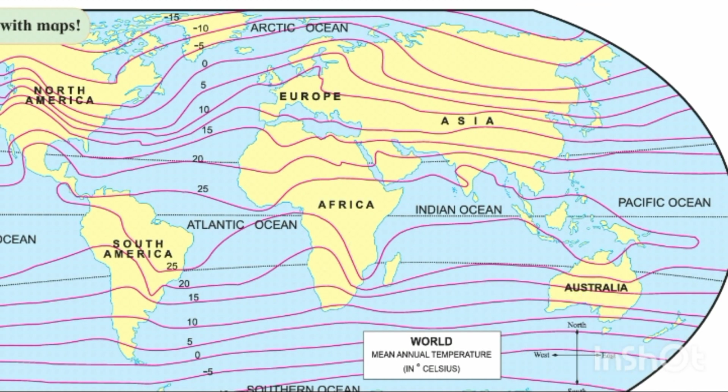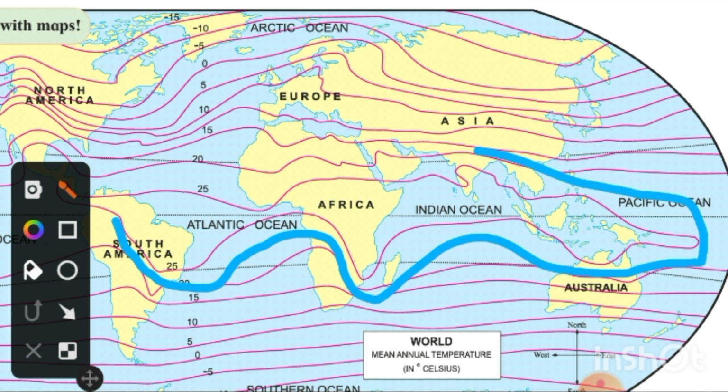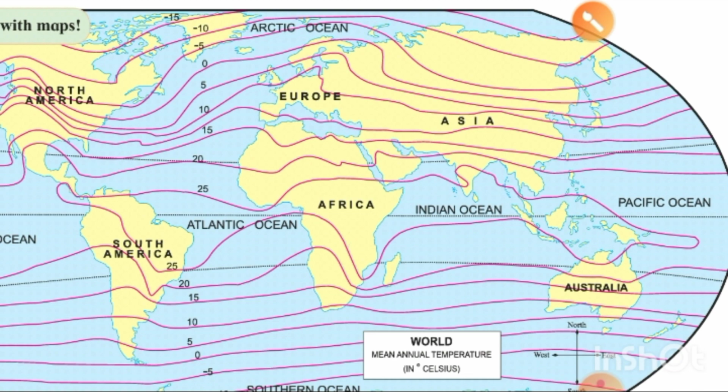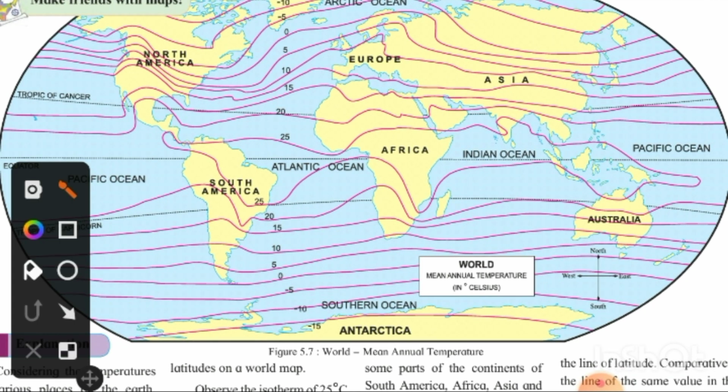Now if you see this pink line which passes through 25, this line looks like an ellipse. The major part of this passes through the northern hemisphere, and the lesser part passes through the southern hemisphere. It's because in the southern hemisphere you can see all in blue color. In the southern hemisphere the major part is covered by oceans.